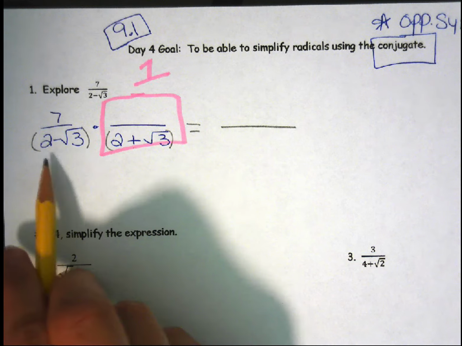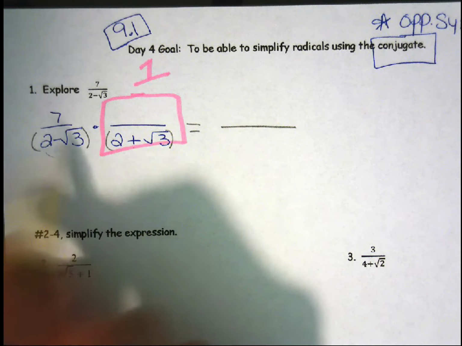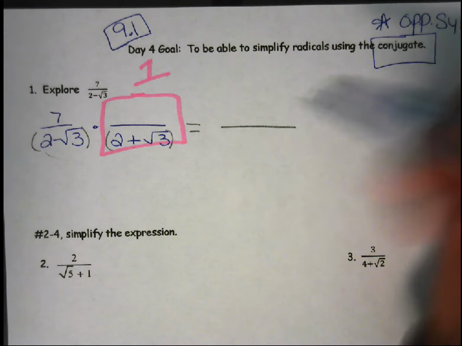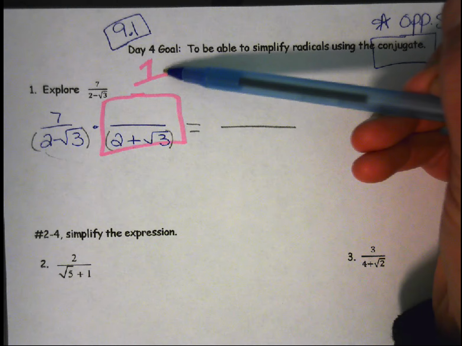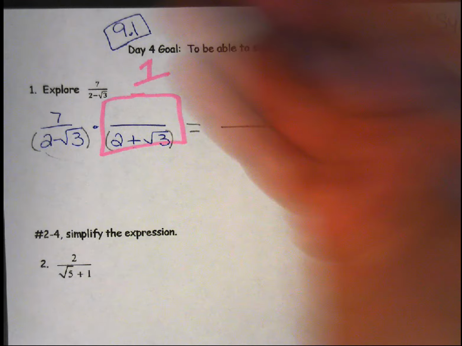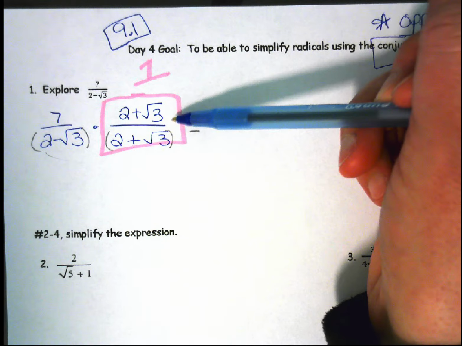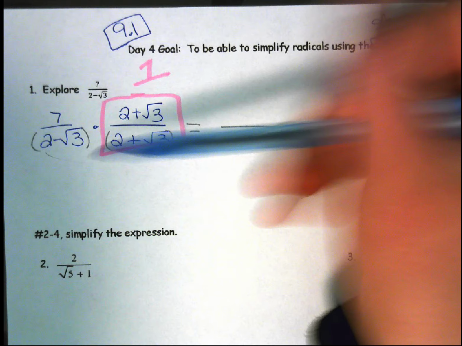So the outer and the inner will cancel each other out. I'm going to show you the long way on this first one, and then hopefully we'll be able to skip a couple steps. Now remember, this has to be equivalent to 1. So whatever I put on the bottom, I need to also put on the top. And you don't have to put parentheses around it. I was just trying to help you see the pattern.